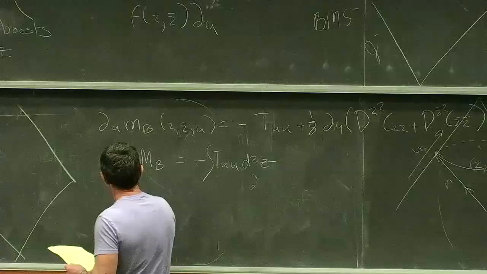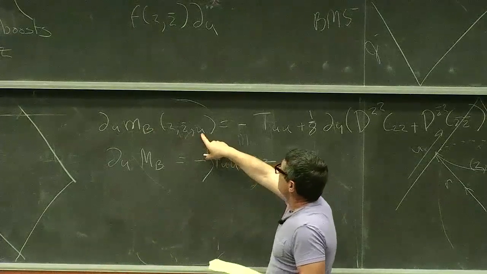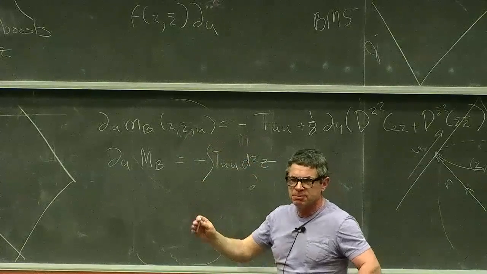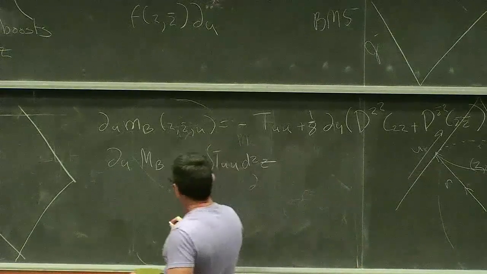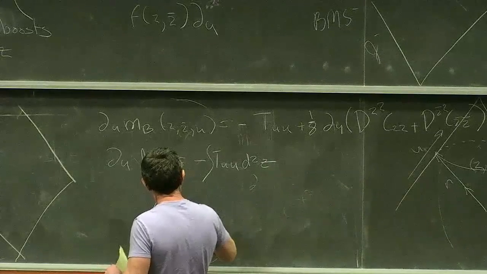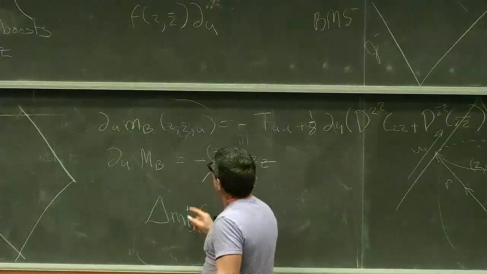On the other hand, let me take this equation and fix z and z bar, but integrate over all of scri plus. Then I get the change in the Bondi mass, and let me put a little Bondi mass aspect as a function of z and z bar.